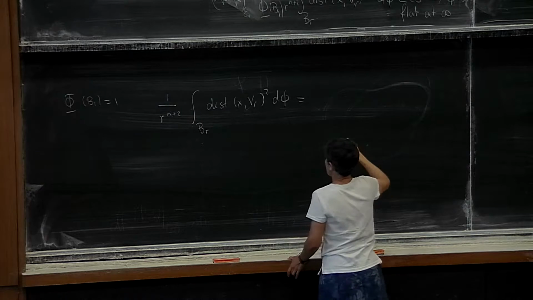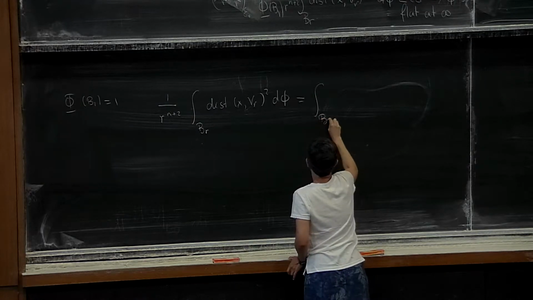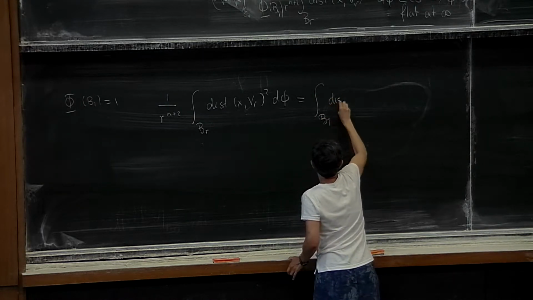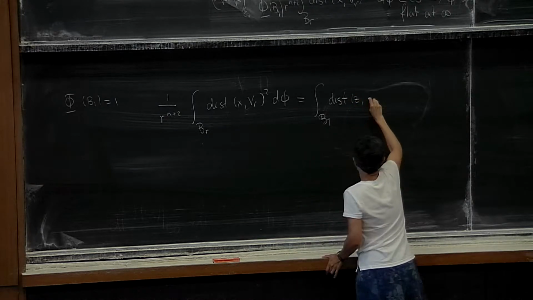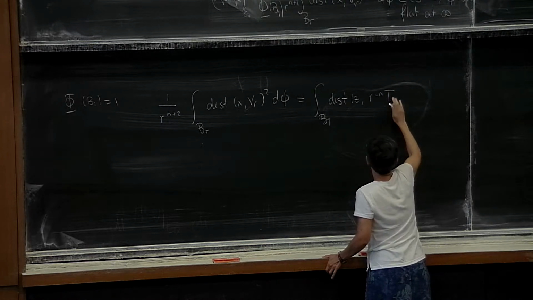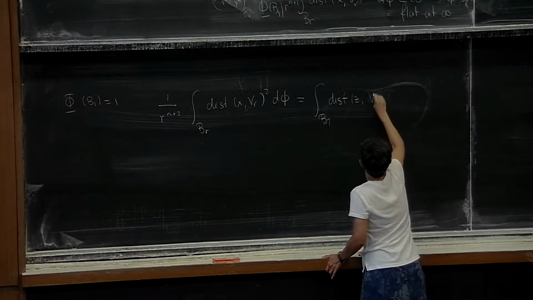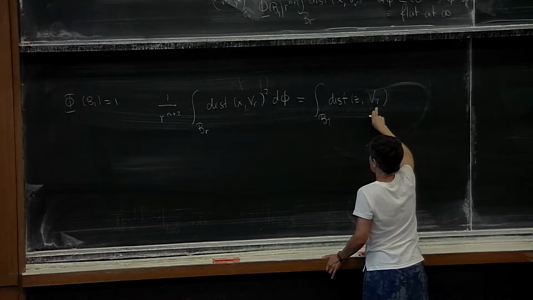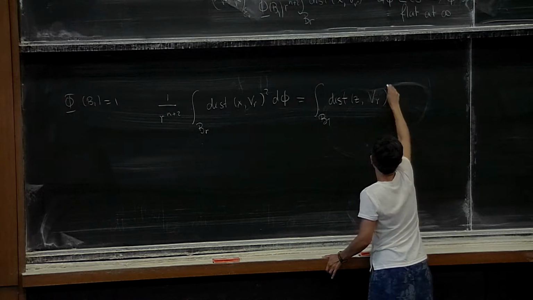Well, this is the same thing as the integral over b1 of the distance of z to V_r squared, d of r to the minus n t0 r of phi, because when you scale this plane, you get a plane.